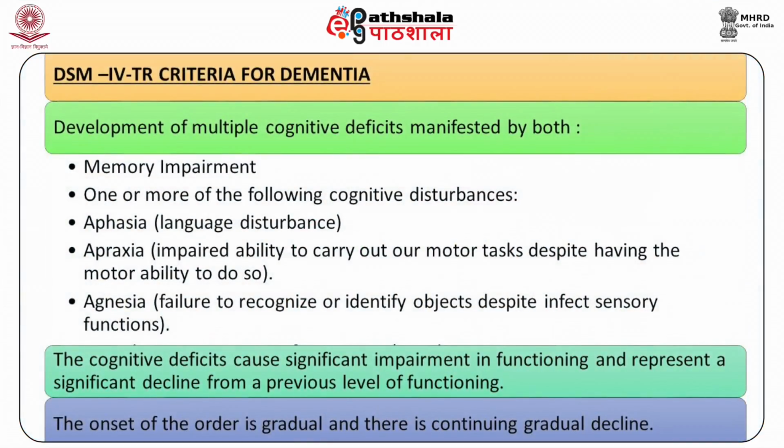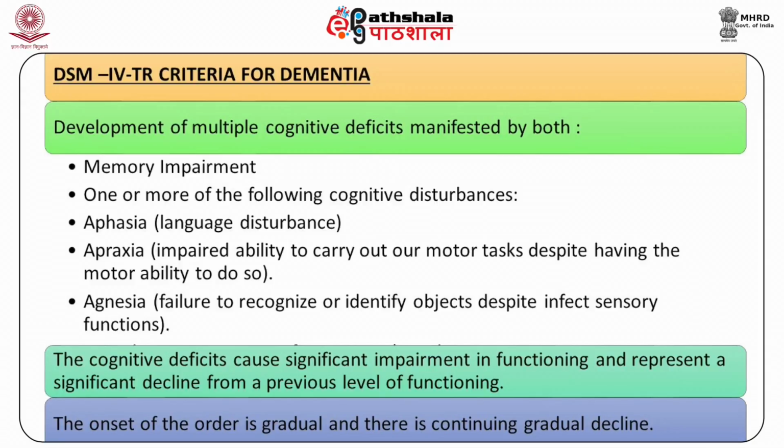Let us now know what the DSM-4-TR criteria for dementia are. The first point includes that the development of multiple cognitive deficits is manifested by both number 1, memory impairment, and number 2, one or more of the following cognitive disturbances. These disturbances are A. Aphasia, that is language disturbance.